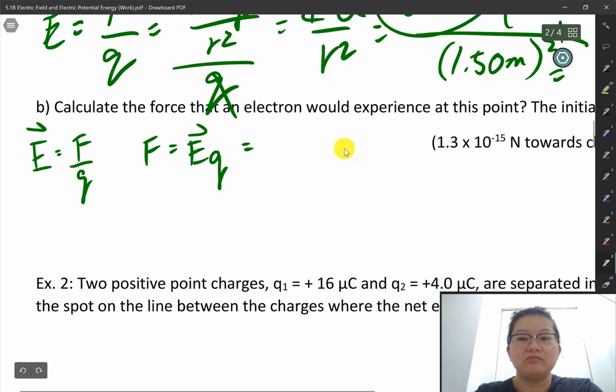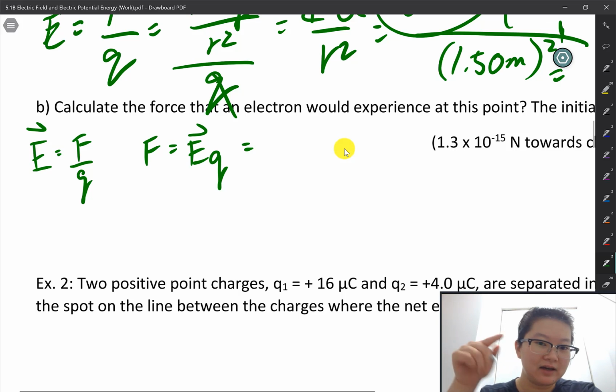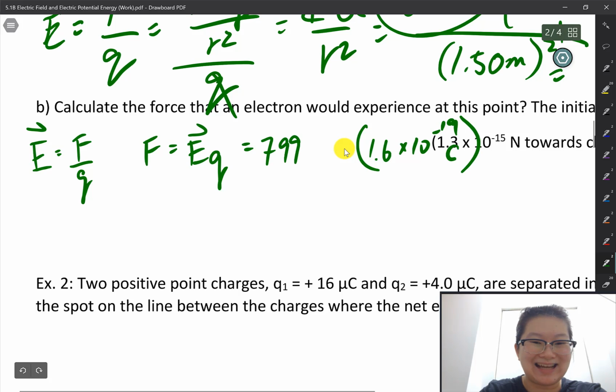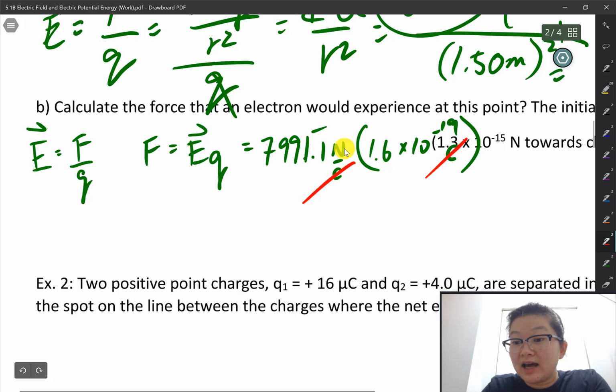So it's really just multiplying whatever electric field we got in part A with the charge of an electron. The charge of an electron is the elementary charge, 1.6 times 10 to the power of negative 19 coulombs, and the electric field we will use, without rounding, 7,991.1 repeating, etc. newton per coulomb. And if you take a look at the units, the units cancel out very nicely as well.